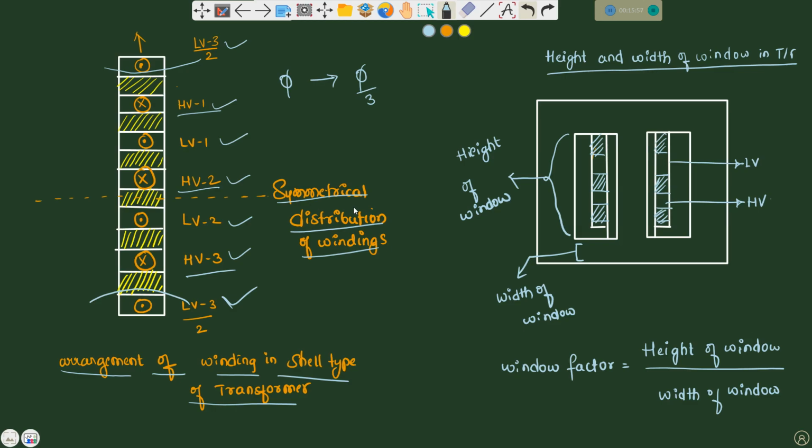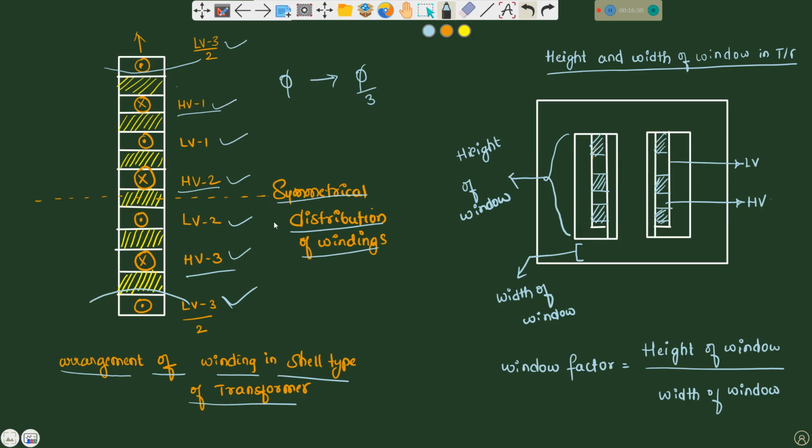Under normal operating conditions with symmetrical winding distribution, only axial forces are present in the shell type core. Under abnormal operating conditions, in addition to axial force, there is a possibility of radial force also, that means opposite forces, not in the same direction. The radial force makes the windings shift in the radial direction.